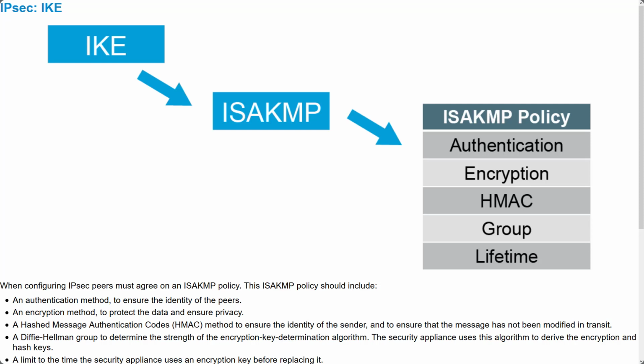You can see here that IKE allows us to derive our ISAKMP, which we call our Internet Security Association Key Management Protocol, which allows us to define our IKE policy, which includes things like authentication, encryption, the message authentication code, the group, the lifetime, and so on.